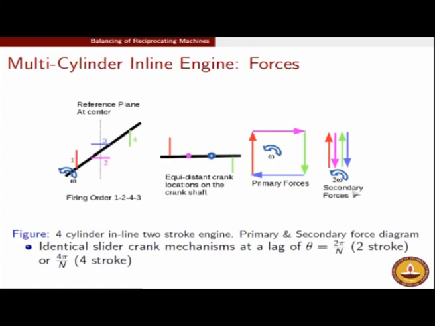Because of the symmetry of all these four cranks, everything is getting killed, both the primary and the secondary. You do not have to worry about balancing these engine forces, and that is why you will not see Lanchester balancing in practice, because this is automatically taken care of in multi-cylinder inline engines.